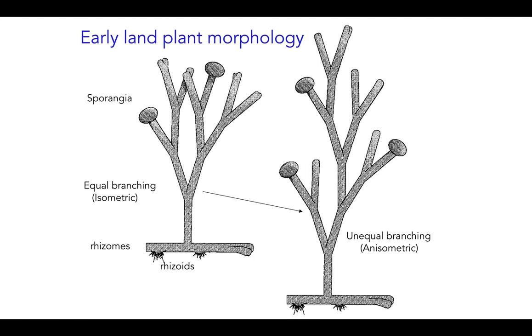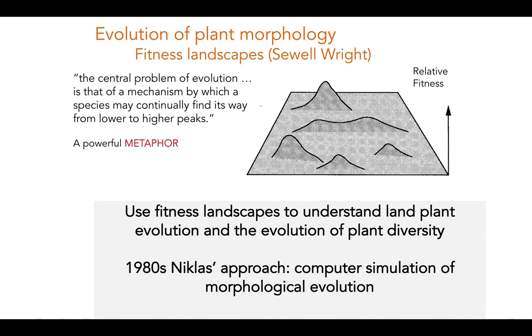How can we take such simple, humble beginnings and evolve from them, ultimately, all of the land plant diversity that you see outside in the world? And so what Carl wanted to do was use this fitness landscape to understand land plant evolution and the evolution of plant diversity, but through the lens of these first defining traits of land plants.